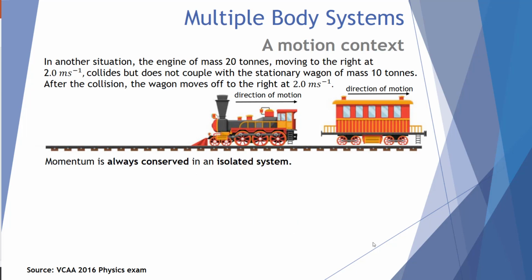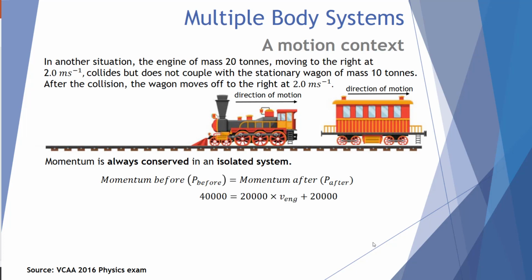So let's solve this particular problem. Momentum before the collision is always equal to momentum after the collision. So before the collision, we had a momentum of 40,000 kilogram meters per second. And after the collision, we had 20,000 kilograms multiplied by the final velocity of the engine, plus 20,000 kilogram meters per second.